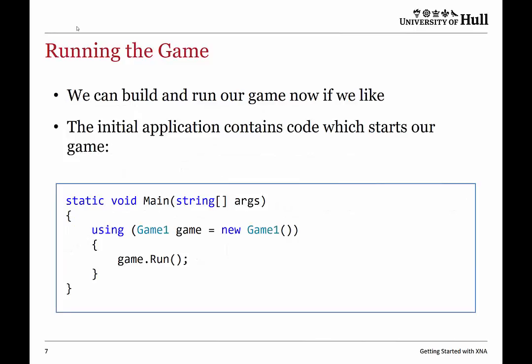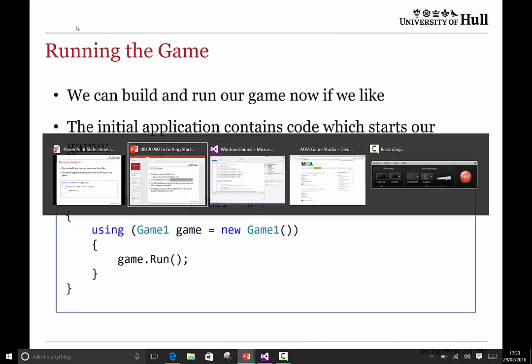Interesting things. If you dig down into the code, you'll find the game is actually run from a main method. Yay, go us. So we have using game 1 equals new game, make me a new game, please, run it. That's what happens when your game starts. Something very similar happens when your Windows Presentation Foundation thing kicks off, but that's the code. I can actually show you it.